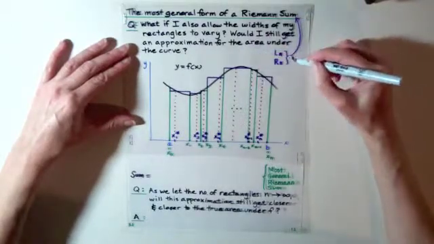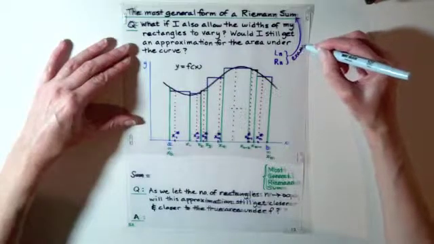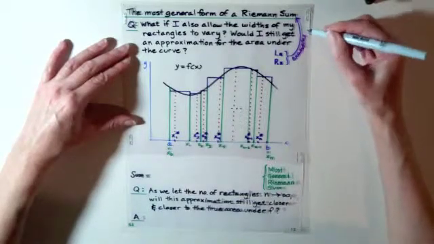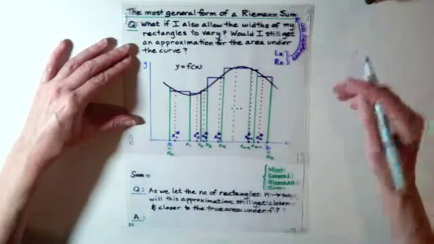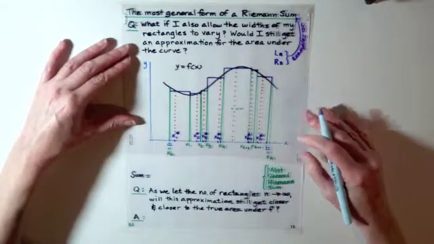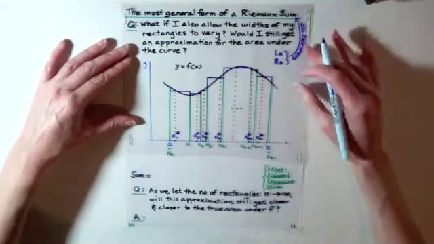So these are examples or special cases of a general Riemann sum. And let's go ahead and just talk kind of briefly about that general Riemann sum.